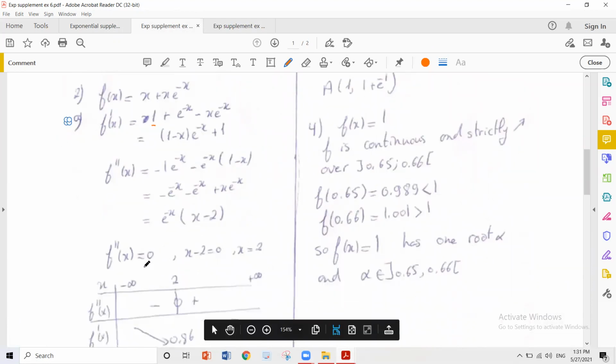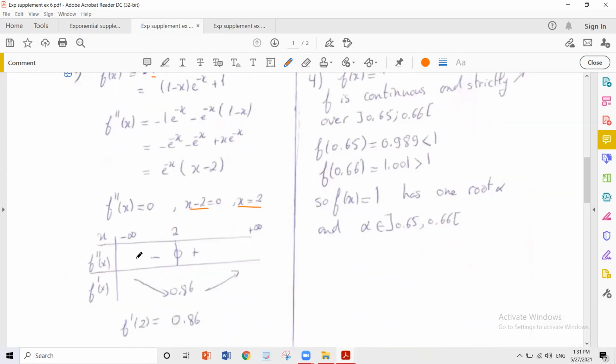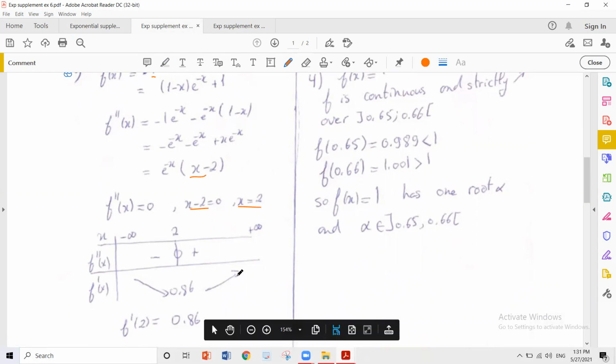We solve the second derivative equal to 0. It means that x minus 2 equals 0, so x equals 2. In the table, x, f double prime, f prime: on either side of 2, negative then positive, the sign of x minus 2. So f prime is decreasing, then increasing. It is not necessary to determine the limit of f prime.